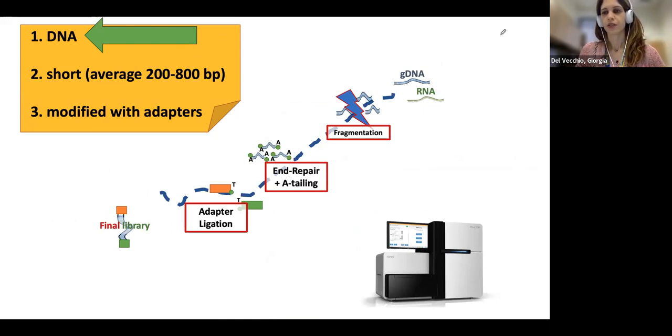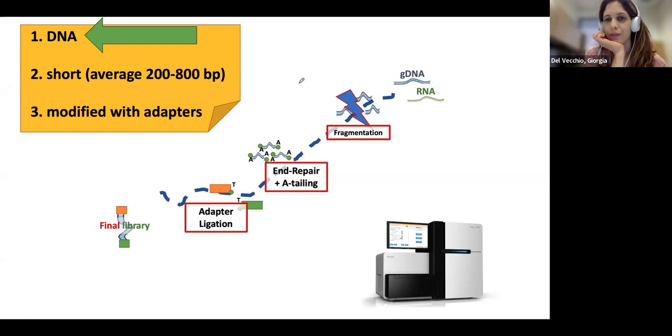Okay, so the first issue of working with the RNA and performing an NGS experiment: for the NGS, we need to obtain DNA. So how can we convert our RNA into DNA, how should we proceed? Any guess?